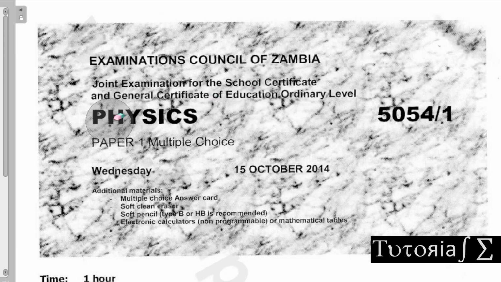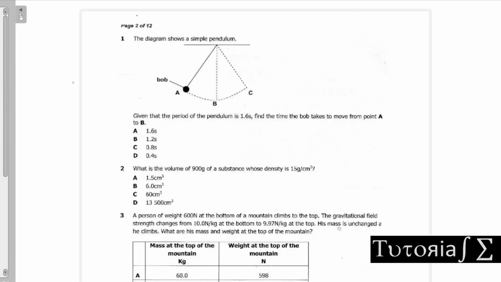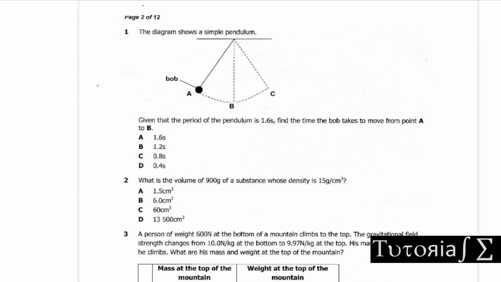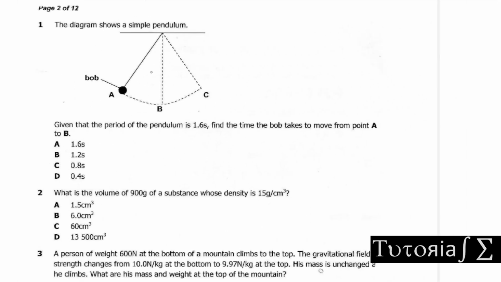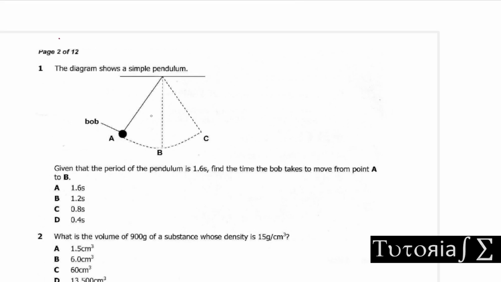All right, so this is physics. Let's dive in. Question 1 reads, the diagram shows a pendulum. So this is the pendulum. It has a bob, so this round thing here is the bob.